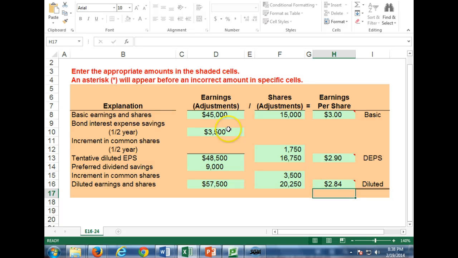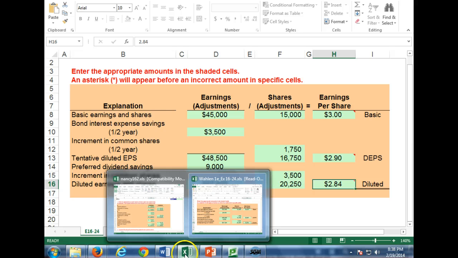So if we wanted to show the basic earnings per share, they're going to show the $3. But if they go totally diluted, do you see how it's 2.84? Yes, no? Are we doing okay?